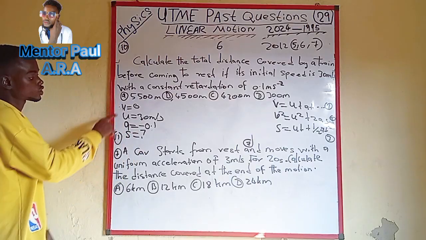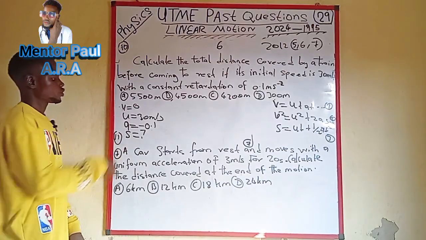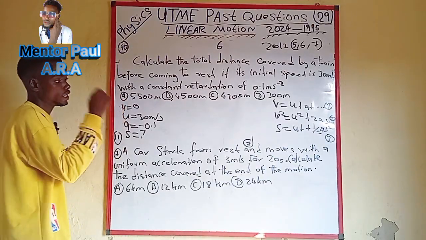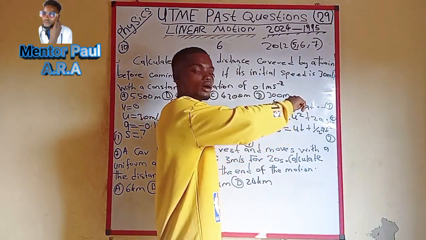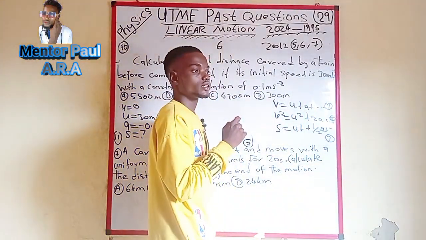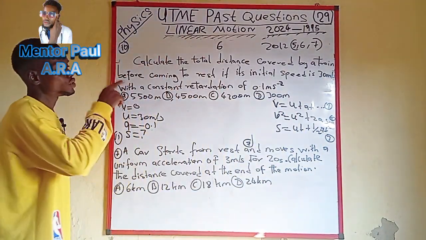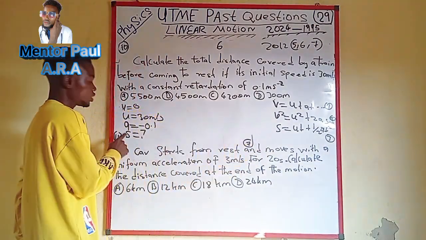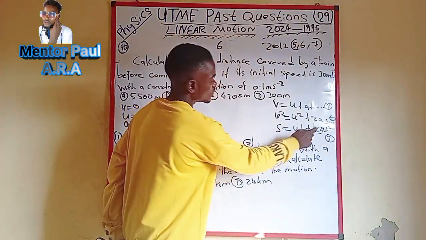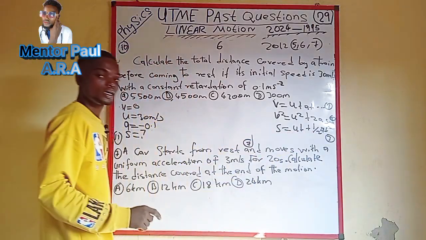Now, if you look at this expression, we have v, u, a, and we're looking for s. In the first one, we have v, u, a, and t, but we don't have s. So because of this t, we are not going to use that expression. If you come to the last one, we have s, which is what you are looking for, but we have t, and we don't have v over here.